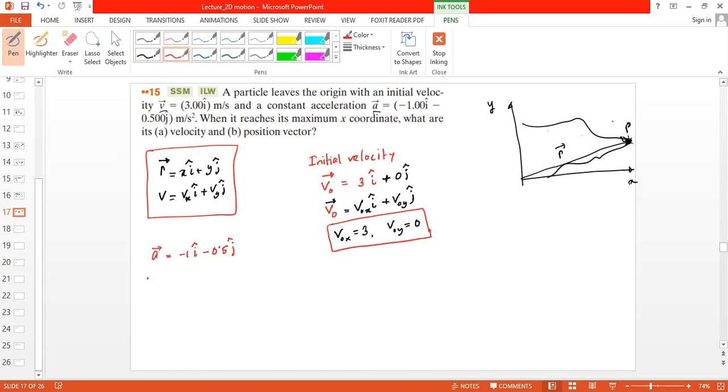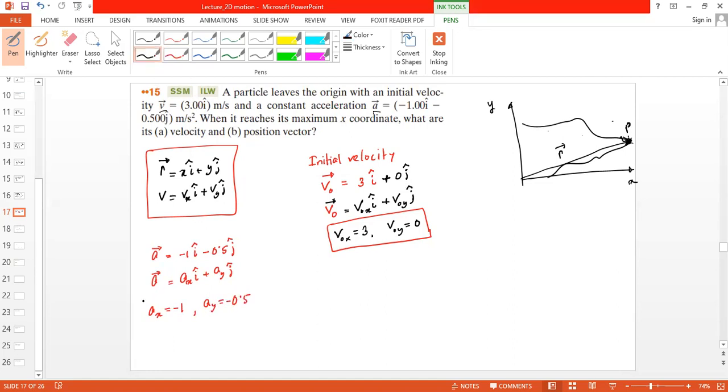So the acceleration also can be written as axi plus ayj, right? তাহলে x component of acceleration is equal to minus 1, and ay, that is the y component of acceleration, is equal to minus 0.5.